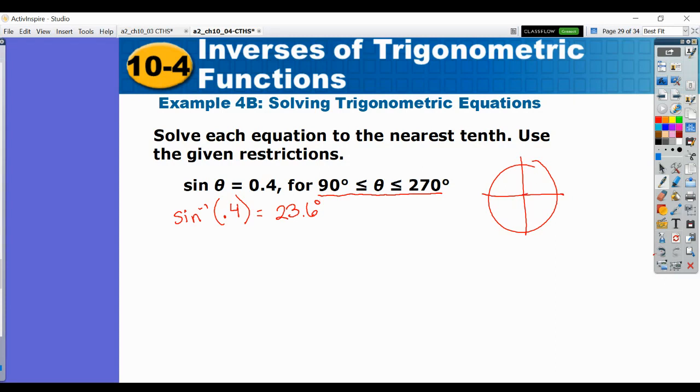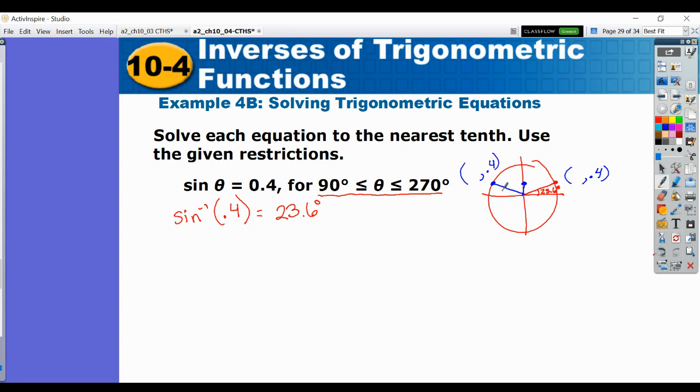So let's just draw that. 23.6 degrees is here. Where else am I going to have a positive y coordinate, because a positive sine of 0.4? Where else on the unit circle is that going to be? Well, I need to go up 0.4. Where else would I hit my circle? Right there. So over here in quadrant 2, I've got another point of something comma 0.4, and I want to know what angle this is.